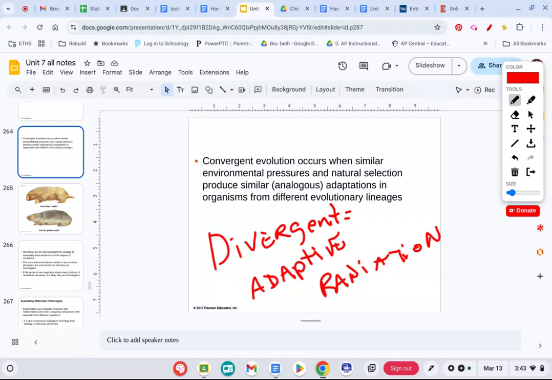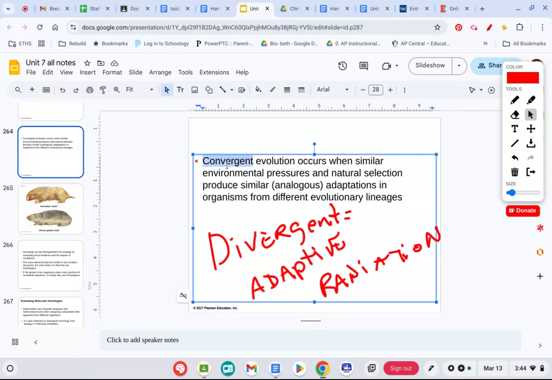Those that are better swimmers will probably go toward areas that are more aquatic, and those better suited for running would go to areas where they could run. But the point is, you start off with one species, and then you diverge, or radiate outwards. But that shows a common ancestor, as opposed to convergent evolution, which does not.